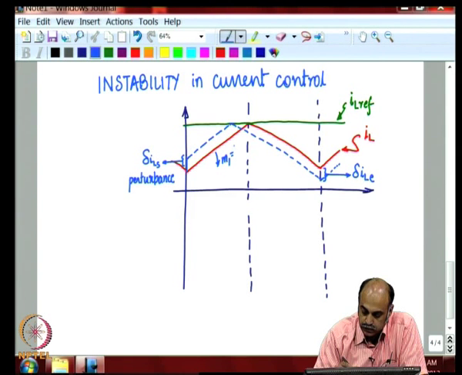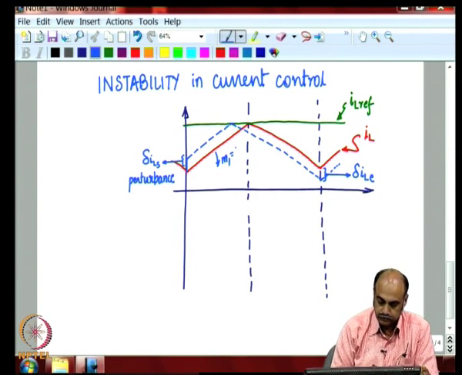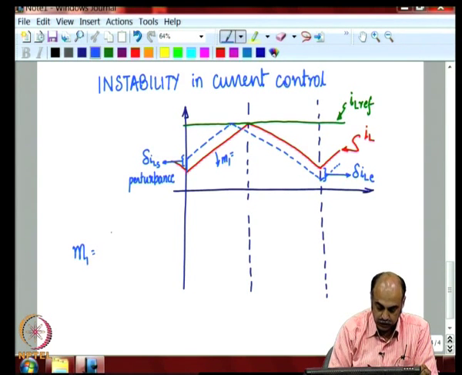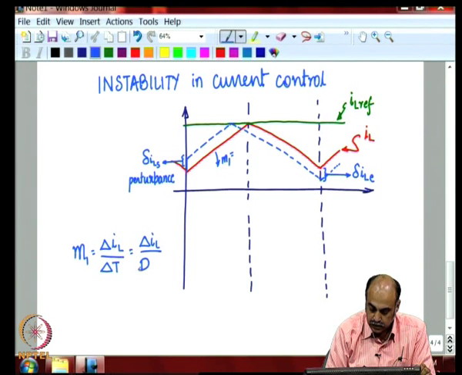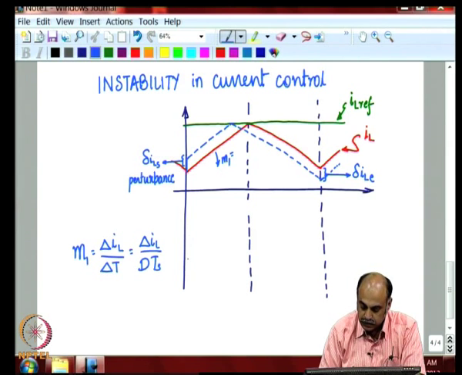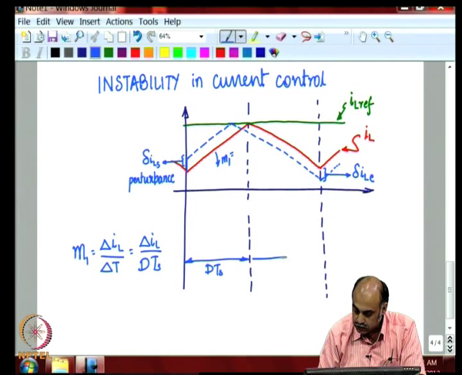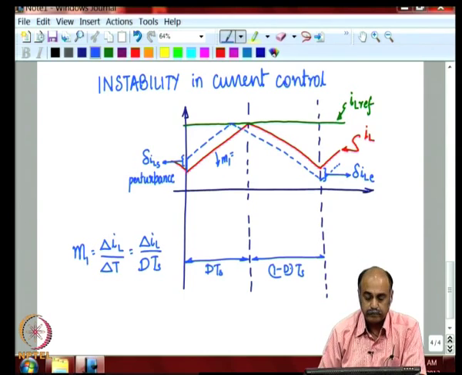The m1 slope we know is equal to delta IL, the inductor current, by delta T, and that is nothing but delta IL by dTs, as this is the dTs period and this is the 1 minus d Ts portion of the period.